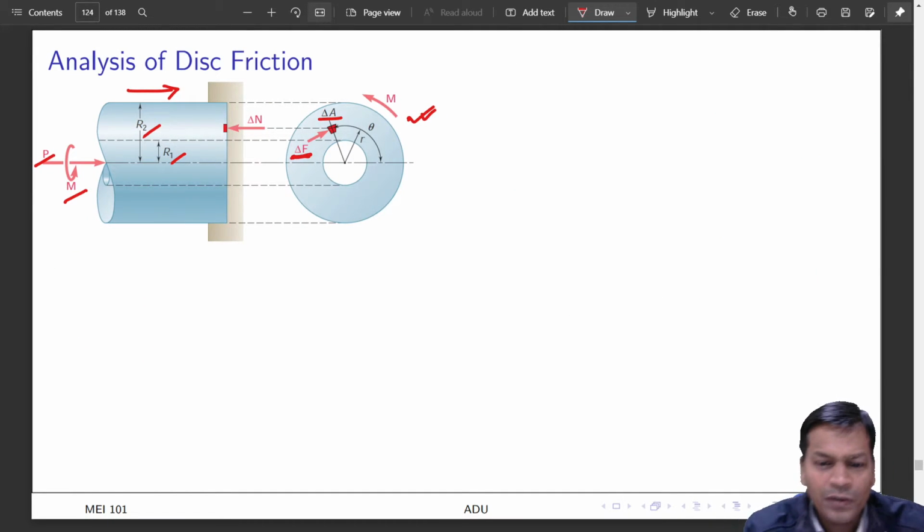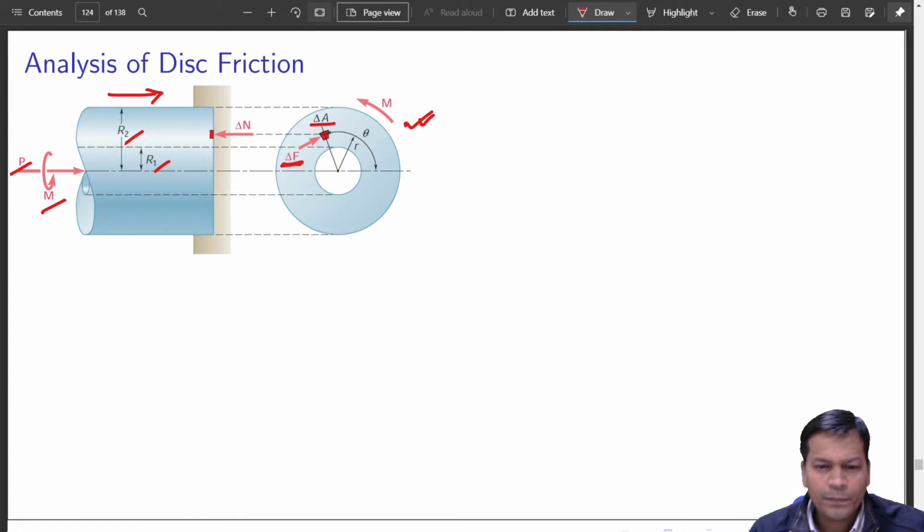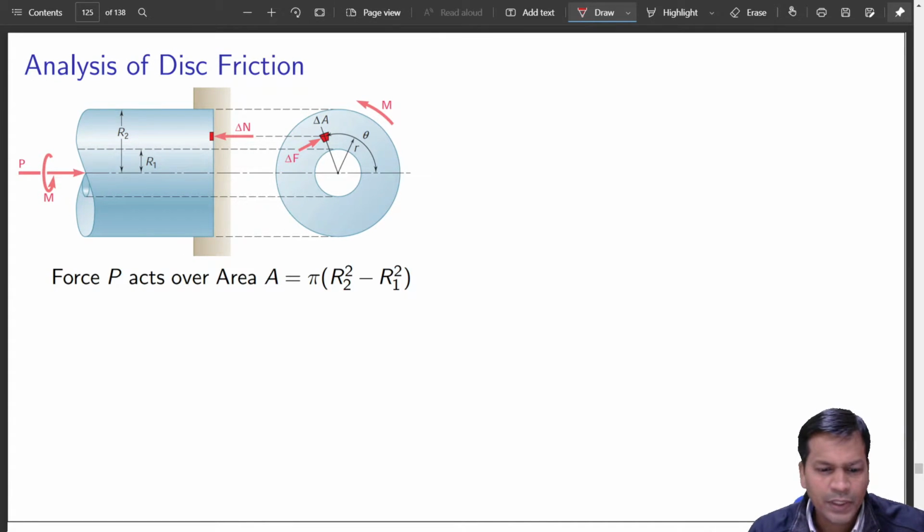So now, force P acts over the area A, that is an annular space that I have just drawn. R2 is the bigger radius and the smaller area is extracted out.